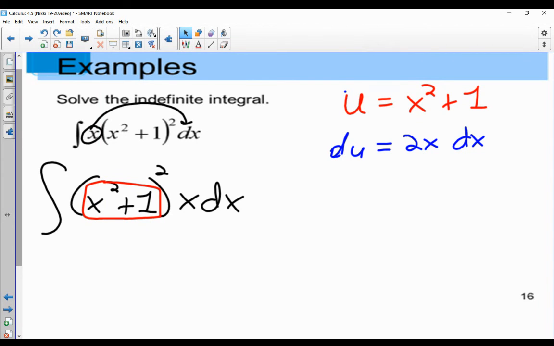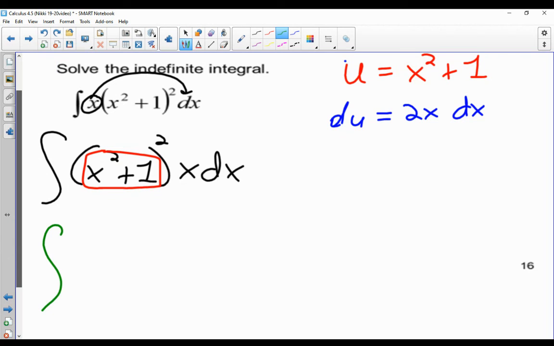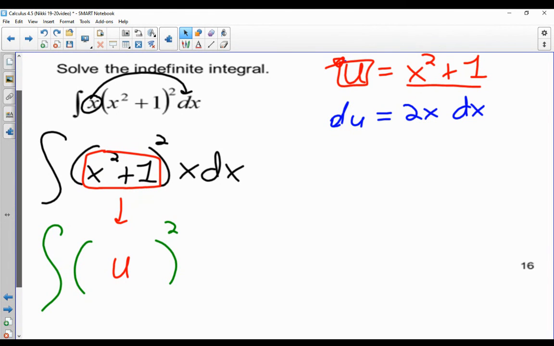All right. So now let's do some substitution. So in the parentheses squared, instead of x squared plus 1, I'm going to put u, because x squared plus 1 is the same thing as u. And now I need an x dx. Here I have an x dx, but I'm not supposed to have that 2.